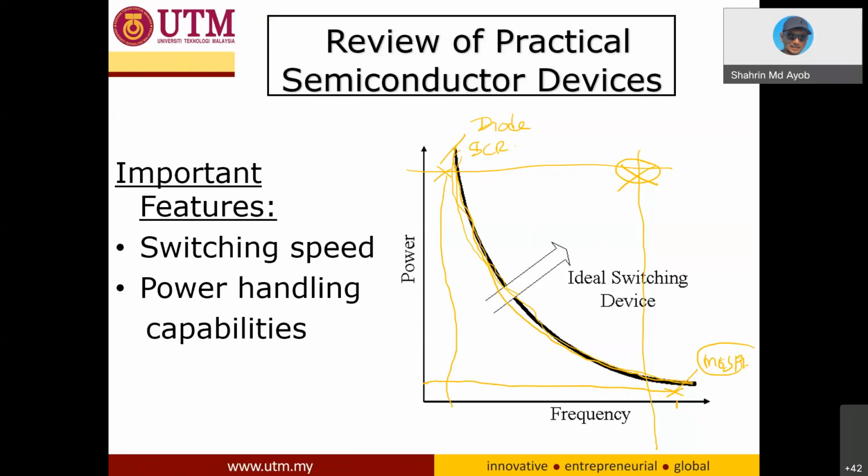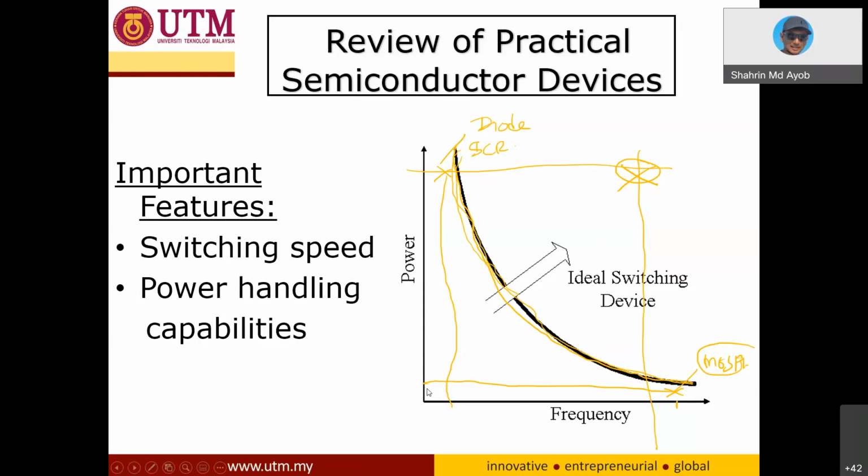Maybe in 10 years, maybe 20 years, when a new technology comes, we can have such a device that can handle high power and high frequency. I hope I have answered your question. If you want high power, usually the limitation is that it cannot be switched at high frequency. If you want high frequency, the limitation is that it cannot handle high power.